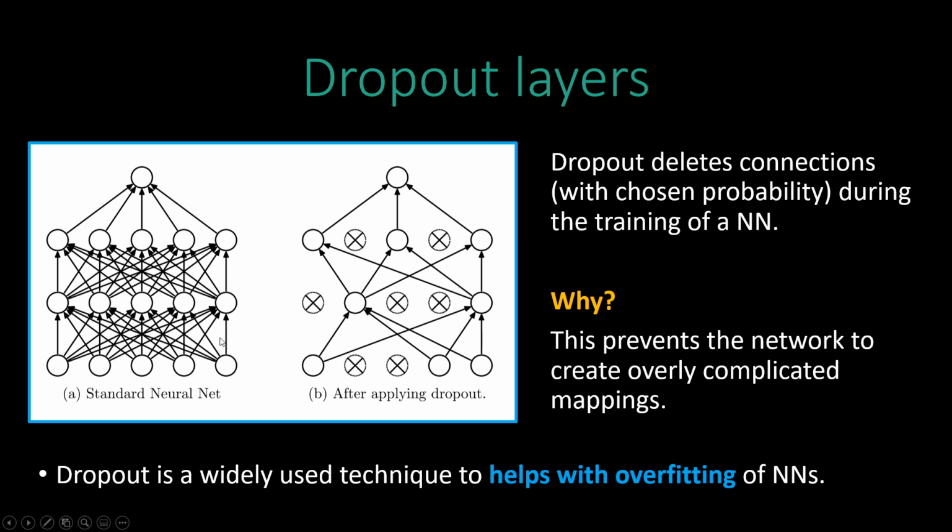So a network which has all the neurons in it finds it much easier to remember all the training data that we showed it. While if we cut some of these connections randomly during training, we are almost telling the network, hey, don't depend on overly complicated connections. Basically, it prevents the network from relying on too many neurons at the same moment.